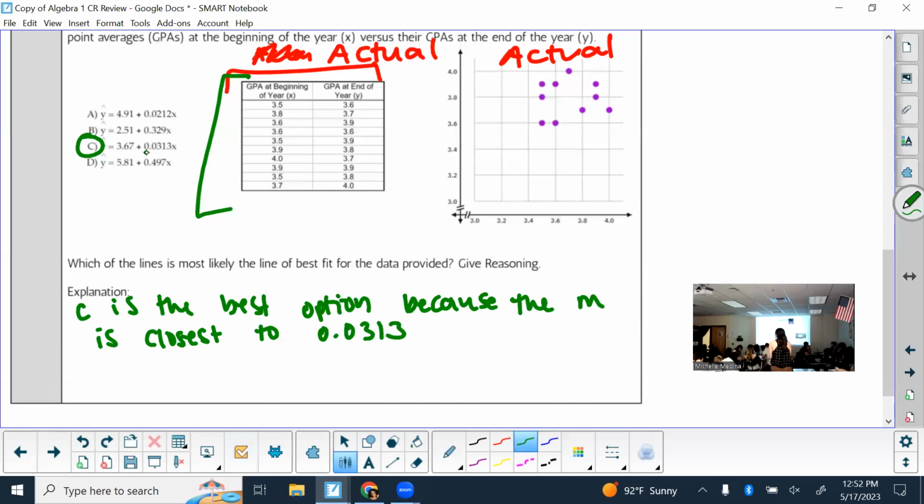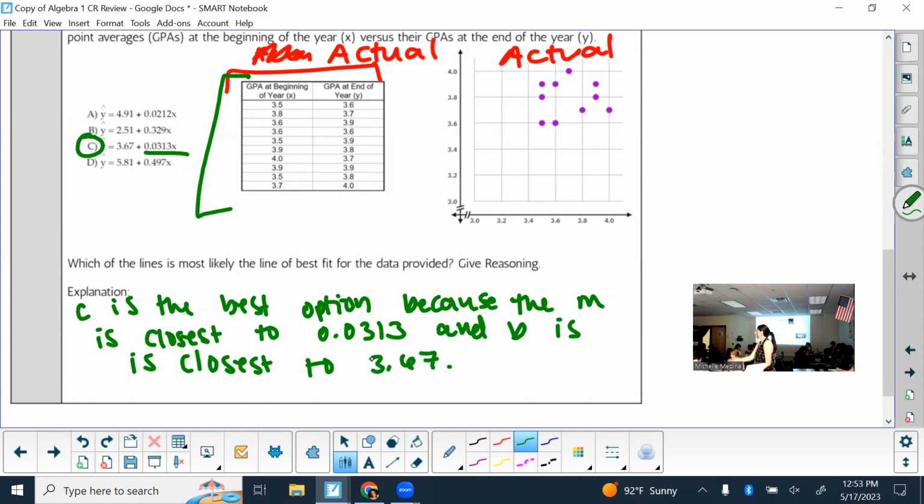So that's another thing to note. The slope's always in front of the x. So this one, they wrote the y-intercept first. Slope is closest to this. And b, the y-intercept, is closest to 3.67, something to that effect. Whatever you estimated it to be, compared to what the computer says.